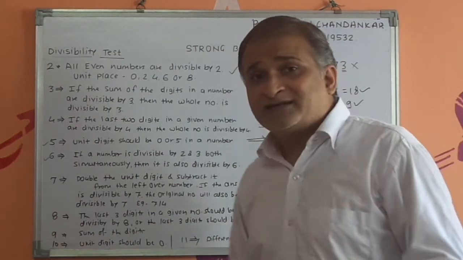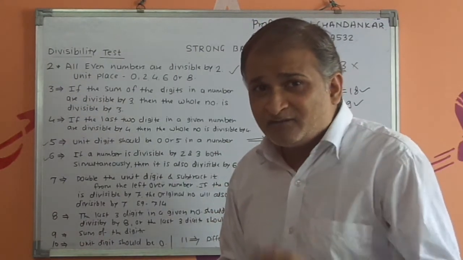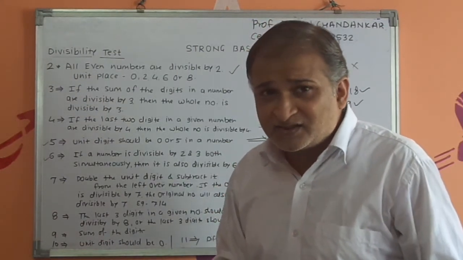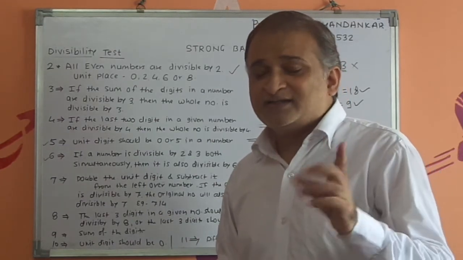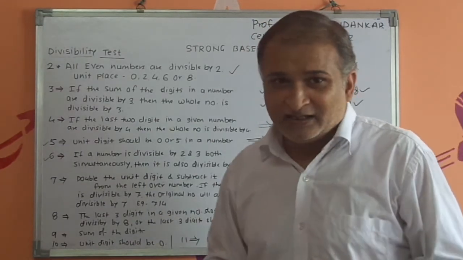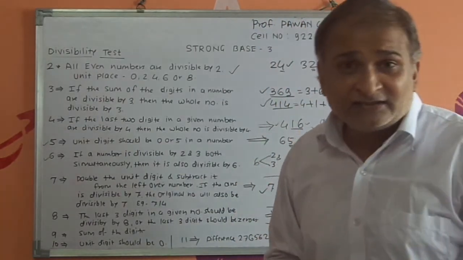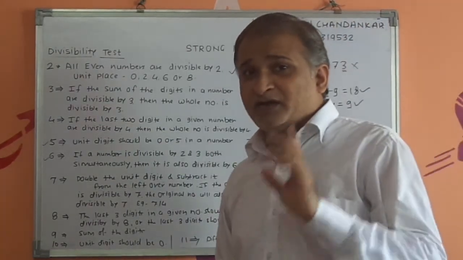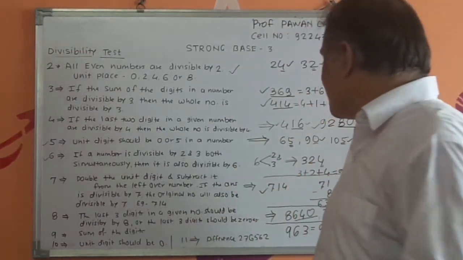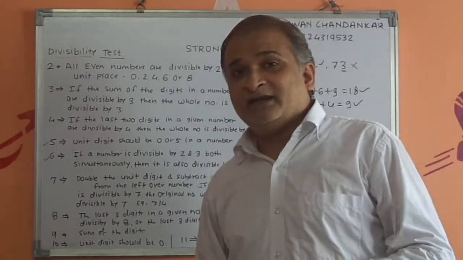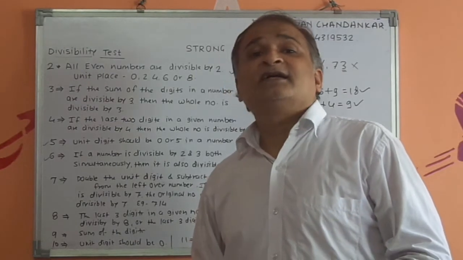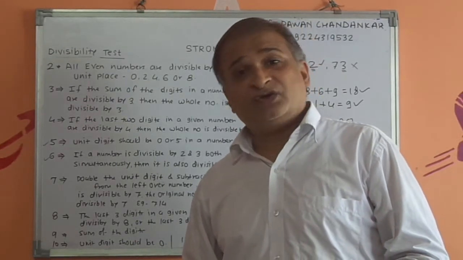Test of 10. Is 100 divisible by 10? Yes, kids. Very good. 100 is divisible by 10. Is 110 divisible by 10? Yes, students. Very good. 110 is divisible by 10. Why? Because it bears the digit 0 at its units place.